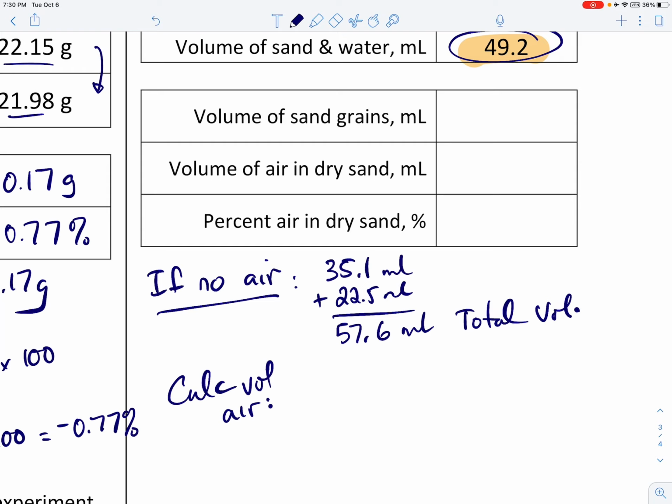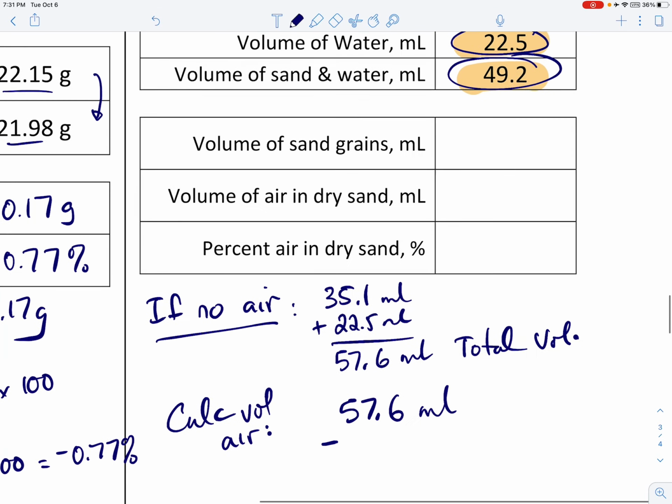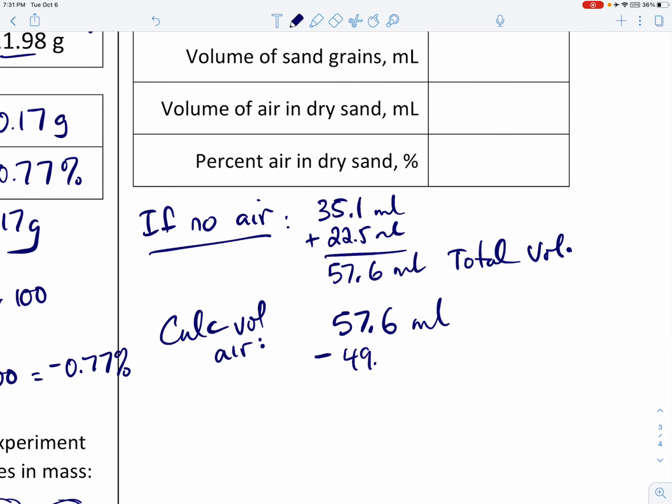So let's calculate the volume of air that was actually in the sand. What we'll do is take what the volume should have been, 57.6 milliliters, and subtract the actual volume. The total volume was only 49.2. The difference between the expected and the actual volume, that difference is because of the air.